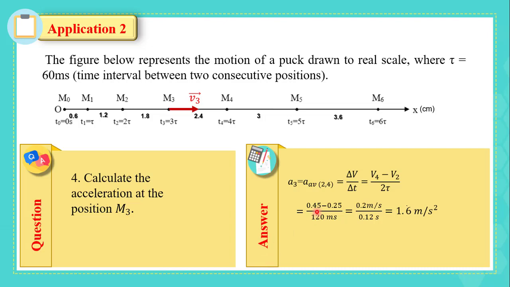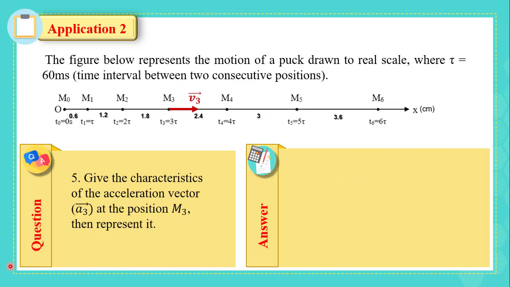We have previously calculated V4 and V2, then we replace them by their values, which gives us 0.45 minus 0.25 meter per second divided by 120 millisecond. Now you should convert from millisecond to second, which gives us by dividing by 10 to the power 3, which gives us 0.2 divided by 0.12, which is equal to 1.6 meter per second square.